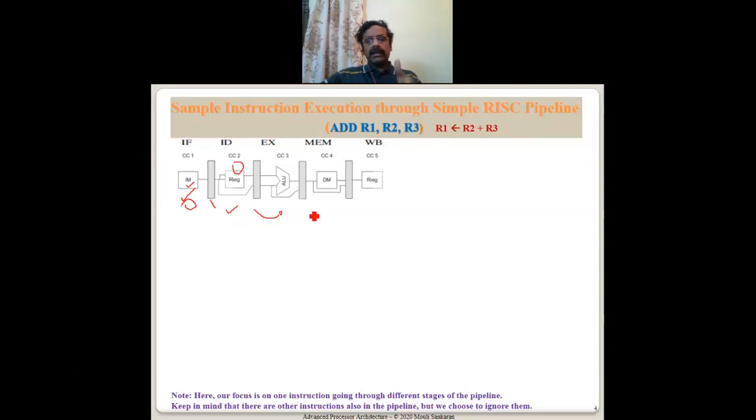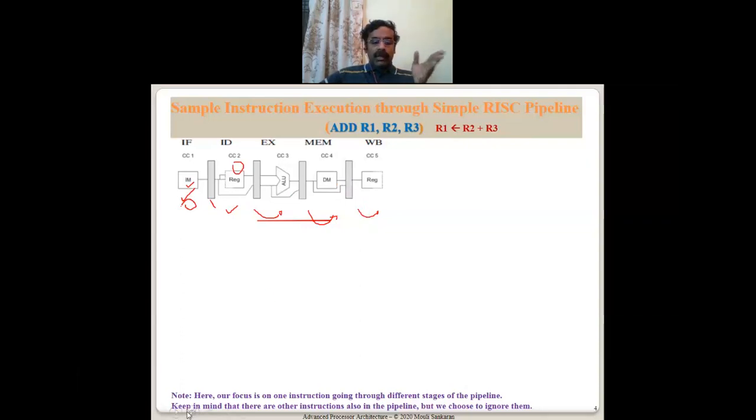During the same cycle, this transition happens and also this. So that means they need to move in a lockstep manner. In the sense, at every cycle, the instruction in each of those stages should have completed in that location by that time, and they should have moved to the next stage.